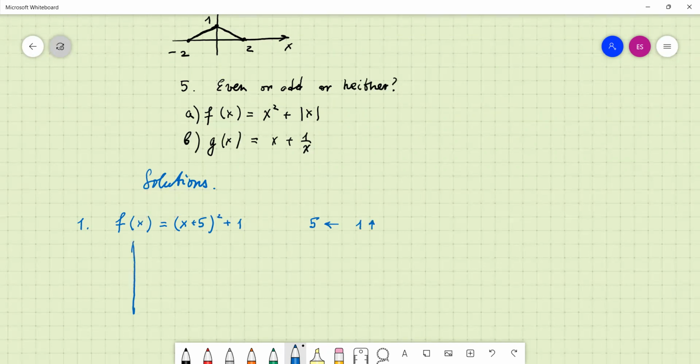I'm going to graph the original parabola to stick to something. And then 5 units to the left: 1, 2, 3, 4, 5, and 1 unit up over here. And I graph a similar parabola. Well, my parabola is definitely not too wide.